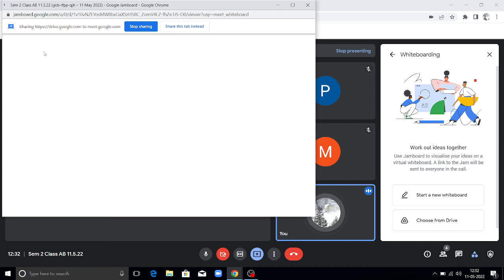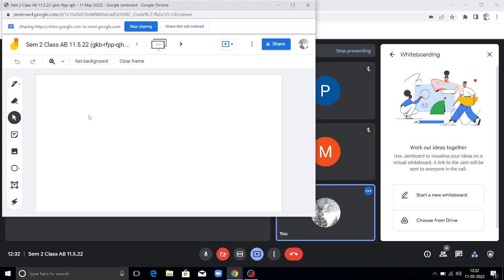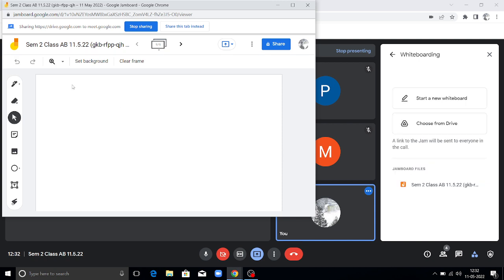Can you see the whiteboard? Pinky, can you see the whiteboard?